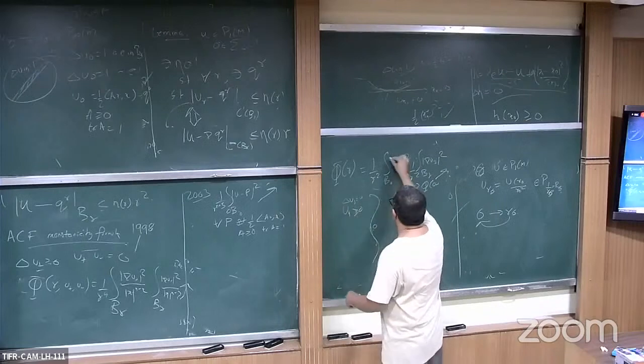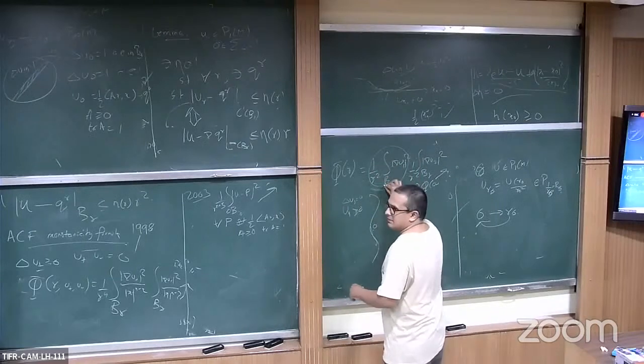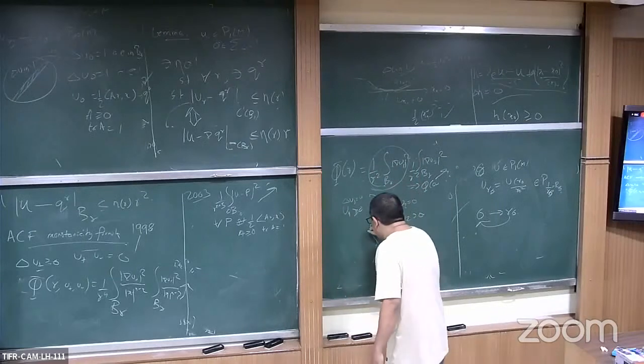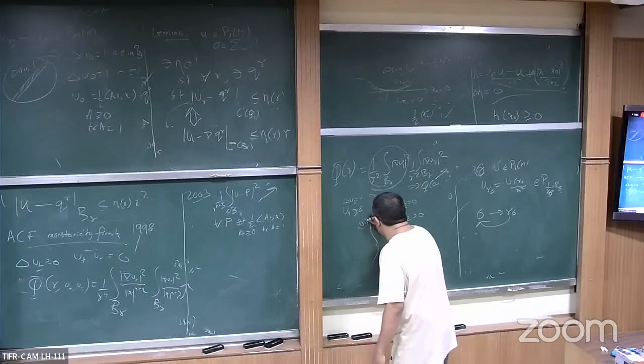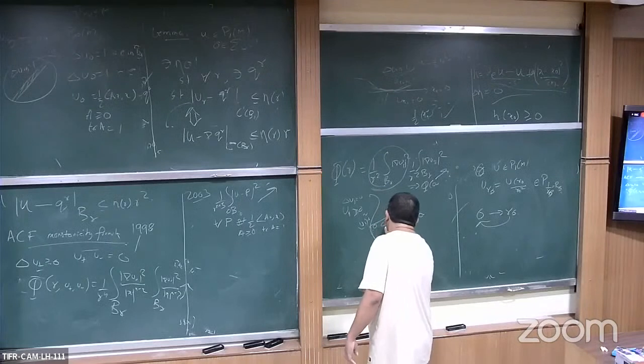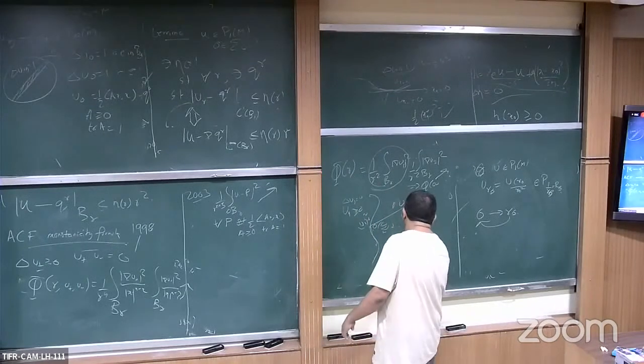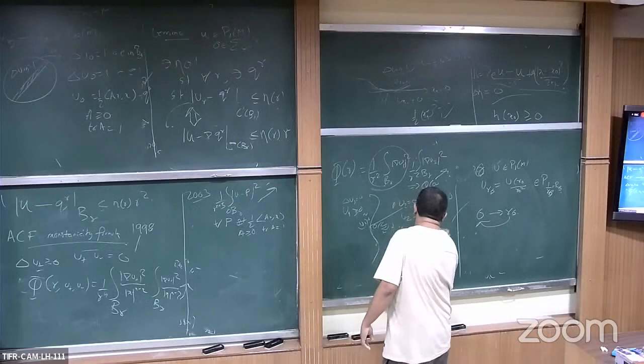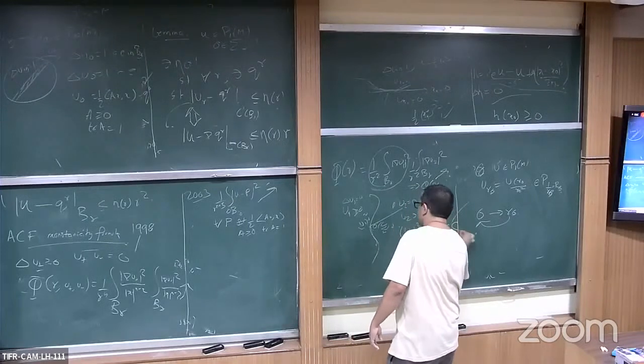So what is phi of 0 plus for this? From this side it will be simply the Neumann derivative of u1 in the normal direction squared. From the other side it will be the Neumann derivative of u2 squared. And this is telling you that the product of these is bounded.